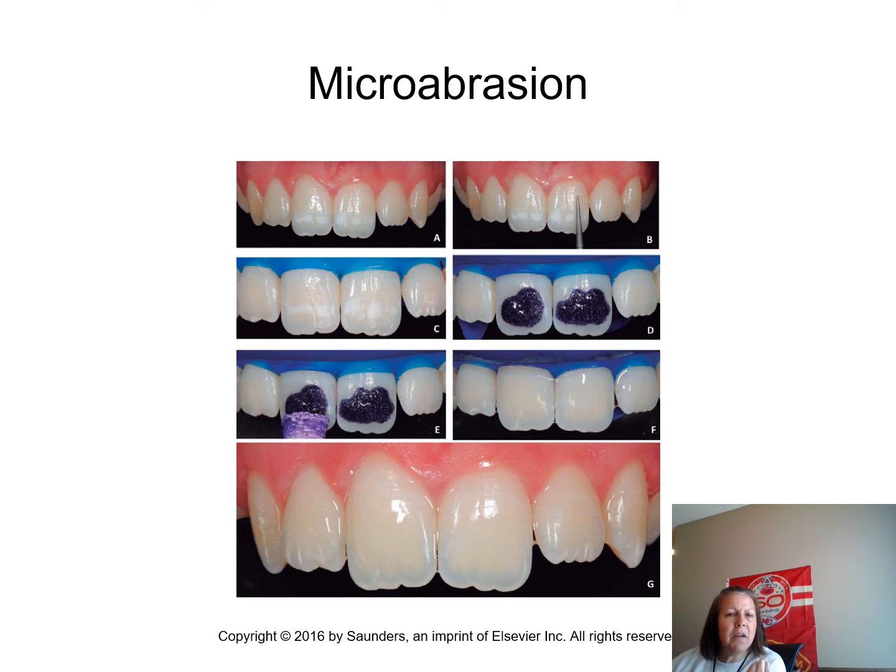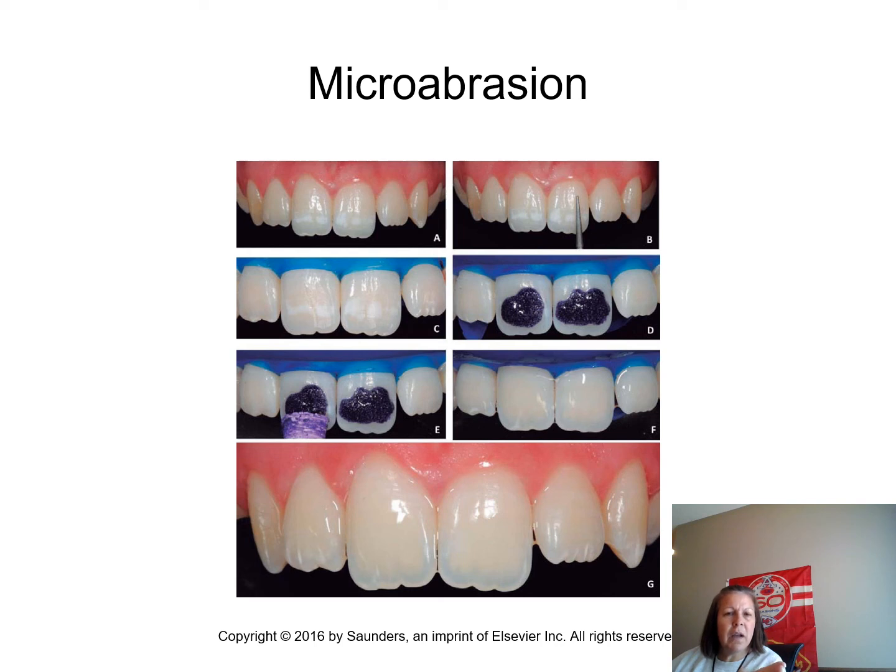That is a combination of abrasive as well as acidic agent. And then in image E, they are using a prophy cup. So they are going to spin that prophy cup on that material, and the acid and abrasive in that will take off microns of tooth structure.